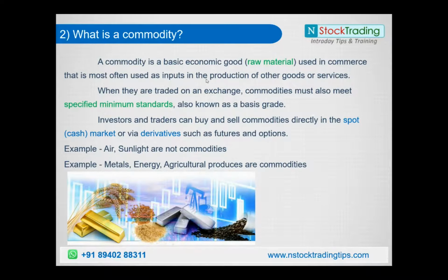This helps to have a fixed rate in the future. So there are two types: one is the spot market and the other is derivatives, which are futures and options. I'll explain all these in much more detail.